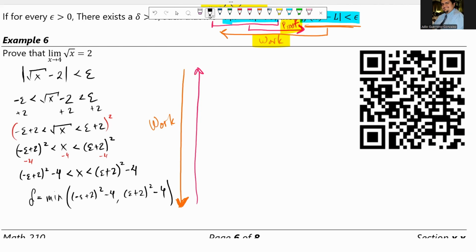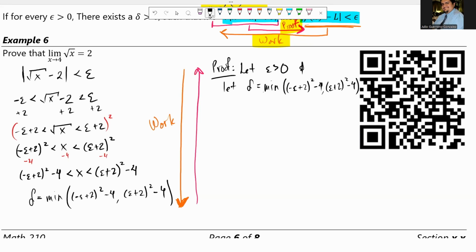So now I'm going to write out the bona fide proof, okay? So let epsilon be bigger than 0, and let our delta value be equal to this minimum that we found: the minimum of minus epsilon plus 2 squared minus 4 and epsilon plus 2 squared minus 4.